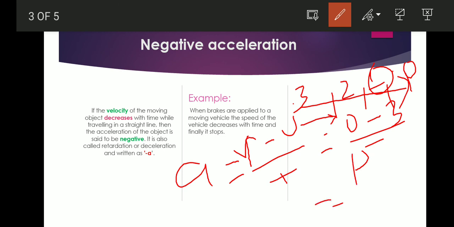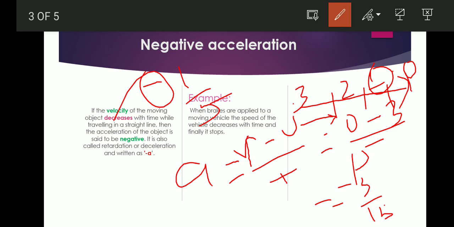In that case your acceleration will be minus 3 divided by 15, so it will be minus 1 by 5. Since this is negative, we can say your acceleration in this case is negative.